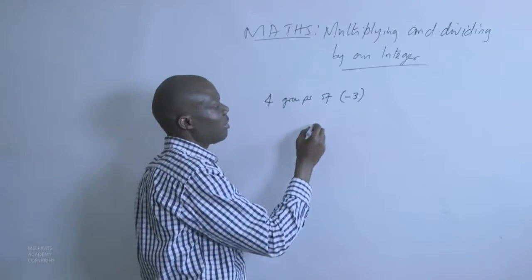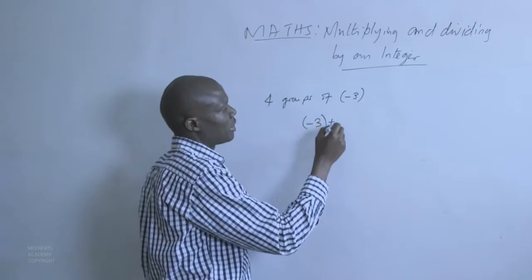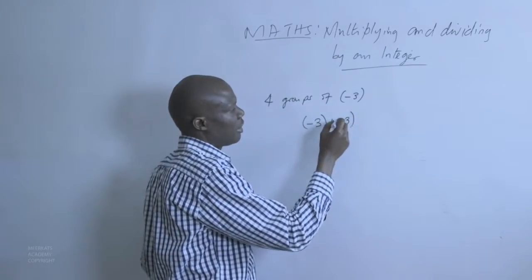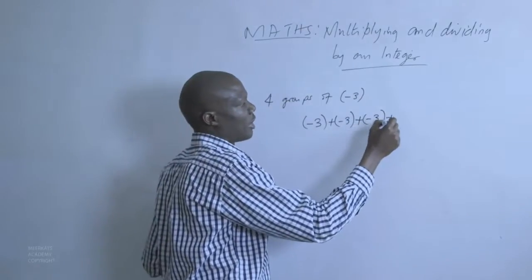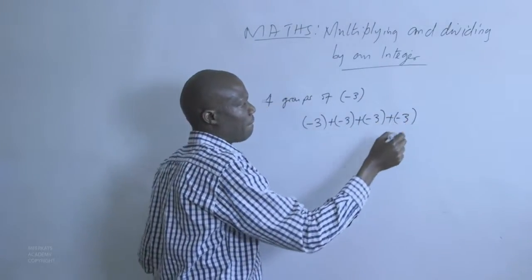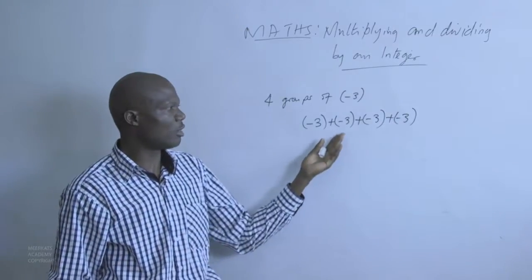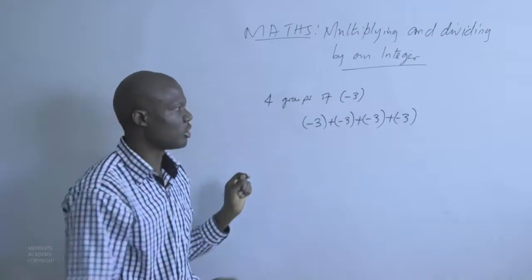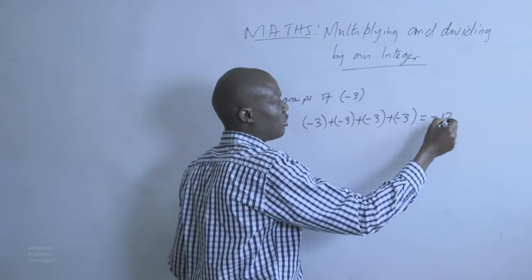So this is the same as saying negative 3 plus negative 3 plus negative 3 plus negative 3. Negative 3 four times will give us negative 12.